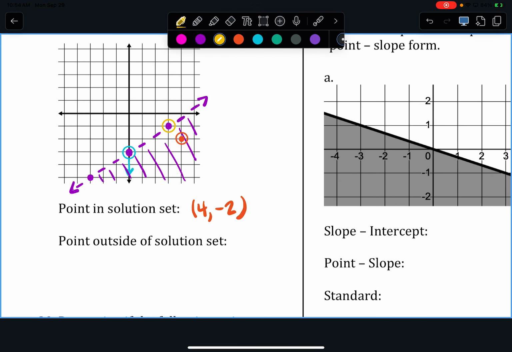He is not a solution because he's on the line, but the line is dashed. Now, you don't have to pick that point. I'm just making a point, no pun intended, that none of the points that lie on the line itself are solutions because it's a dashed line. Obviously, you could have picked the origin again or any point up here in this non-shaded space.